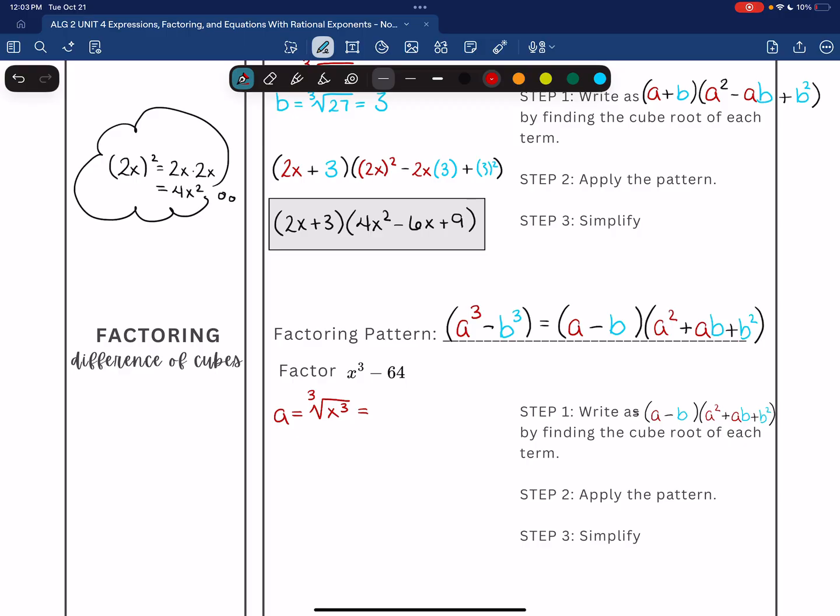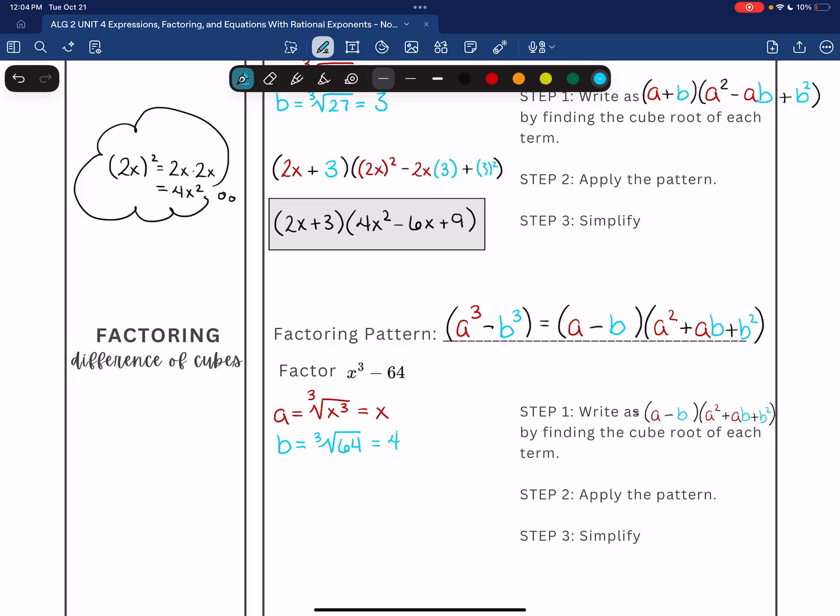So what cubed is x cubed? Just x. Similarly, find your b value by asking yourself, well, what cubed is 64? Don't worry about the sign being negative there, just the b, the thing that is being subtracted. What cubed is 64? Be very careful. Some of us are going to want to say 8, but that is what happens when you square. But the cube root of 64 is actually 4.